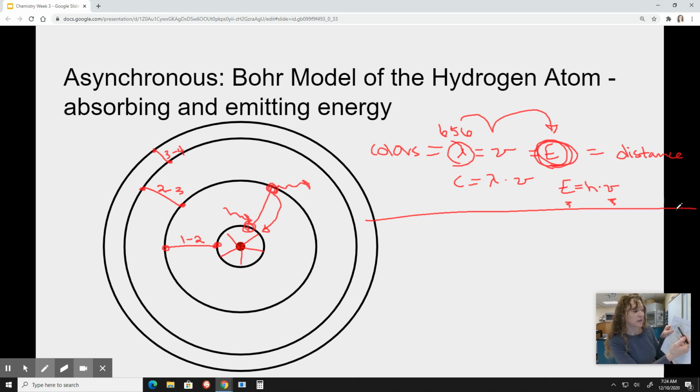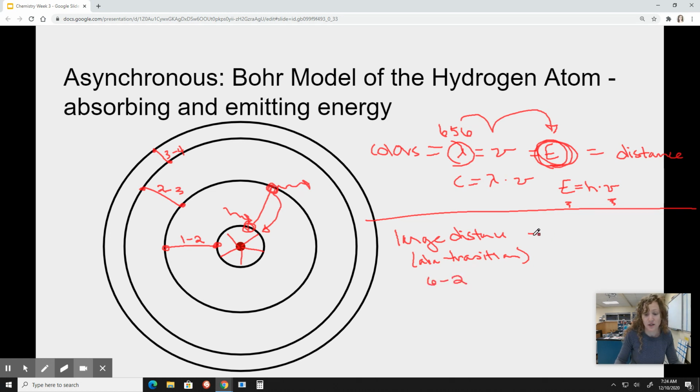What you notice is A has the largest transition, so a large distance. I believe it goes between 6 and 2. A very large distance traveled leads to violet.